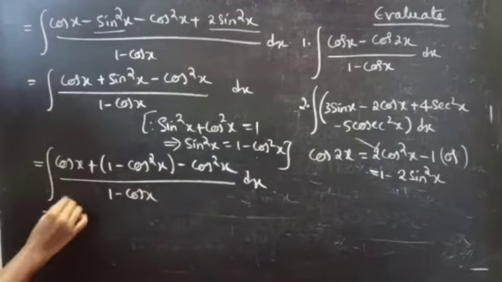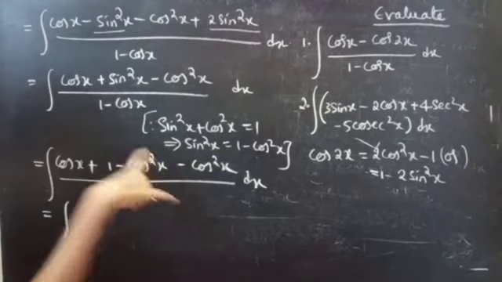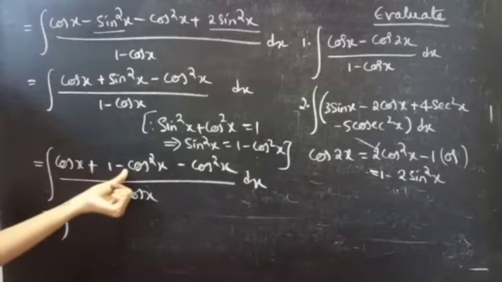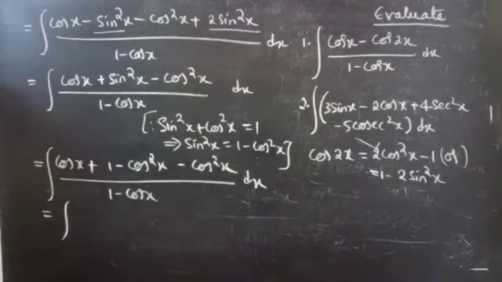So this is equal to, I'll remove the brackets, okay? Fine. So you're having cos x plus 1 minus cos square x minus cos square x.